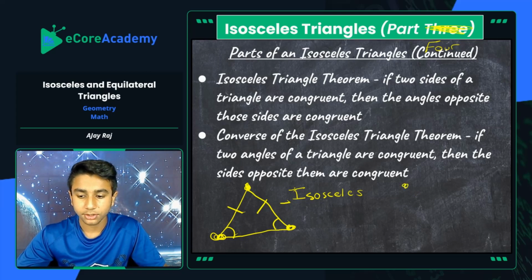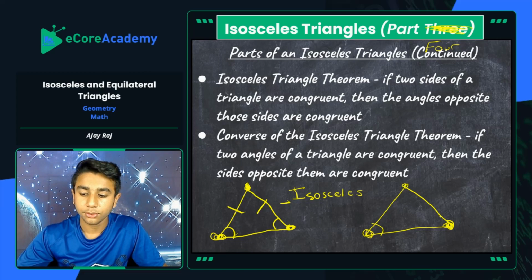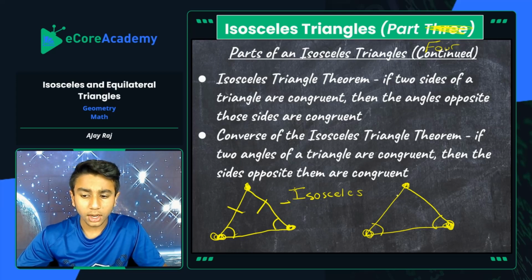So I'll draw this here. This is for the converse. If you're given that these two base angles are congruent, and you're given their angle measures, you would then know that the upper angle is 180 degrees minus the sum of these two, due to the triangle sum theorem.